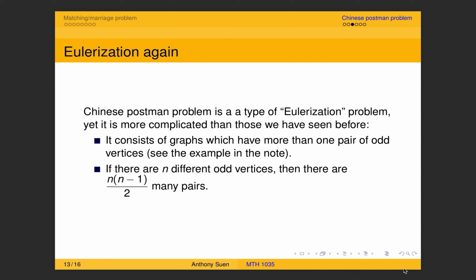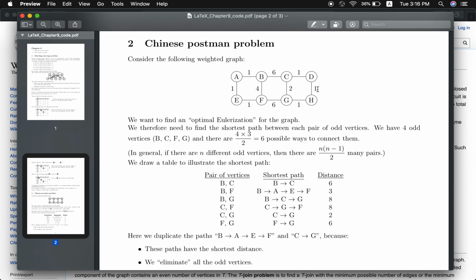So if you go to my notes, this is one example. That example is in fact a sort of simple problem, even though we still have 4 odd vertices. You can see, for example, B, C, F, G. These four vertices are in fact odd. The degree of these 4 vertices is equal to 3, so they all have the same degree, which is odd.